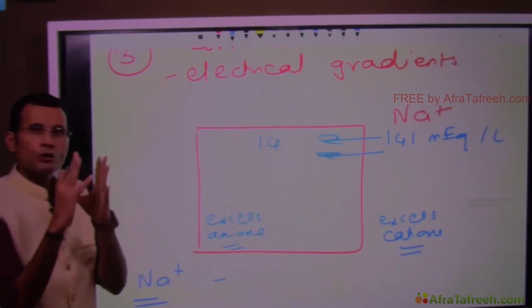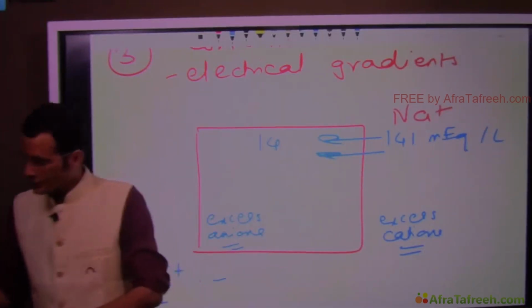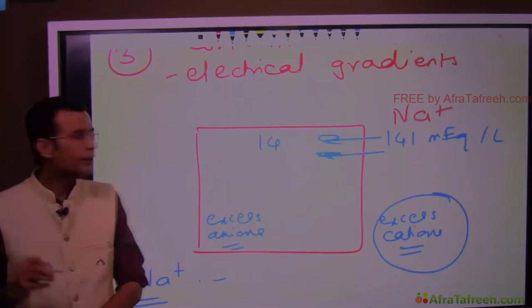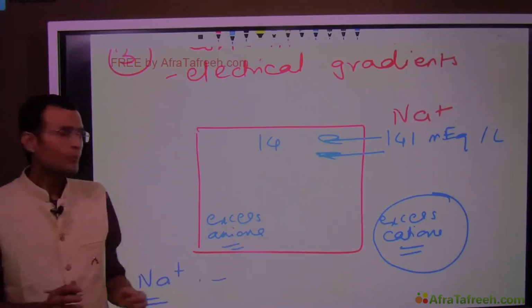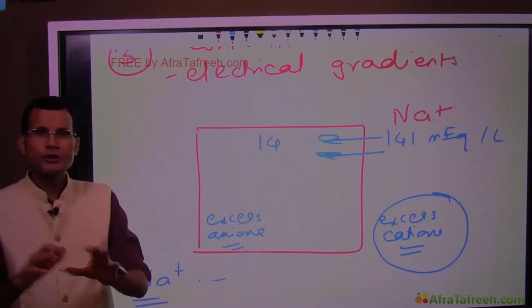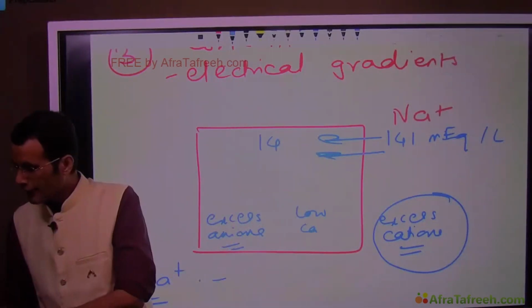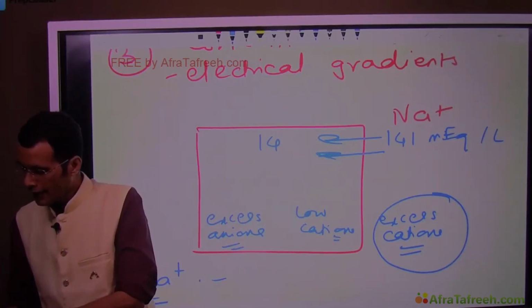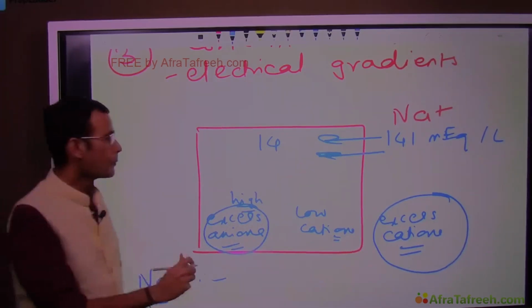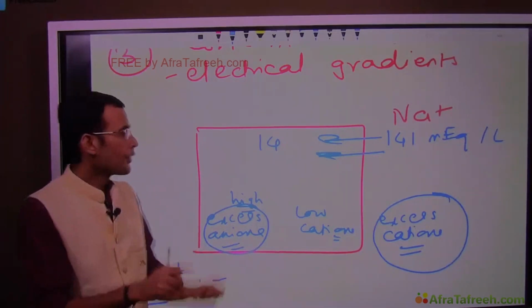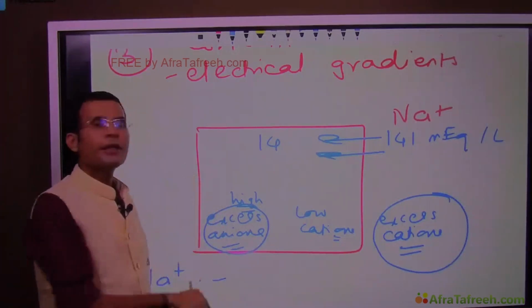So you see, there are excess cations on the outside, I mean high concentration of cations on the outside, and relatively low cations and high concentration of anions inside the cell. So this creates an electrical gradient.